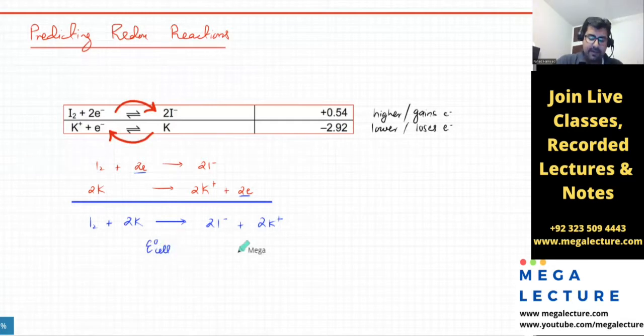And now the E0 cell would be high. It's the potential difference, higher potential minus lower potential, or reduction potential. This is 0.54, the reduction potential, the one that gains electrons, minus the oxidation potential. So that's minus 2.92. So can anyone tell me what value you're getting for this? क्या आ रहा है किसी ने किया?